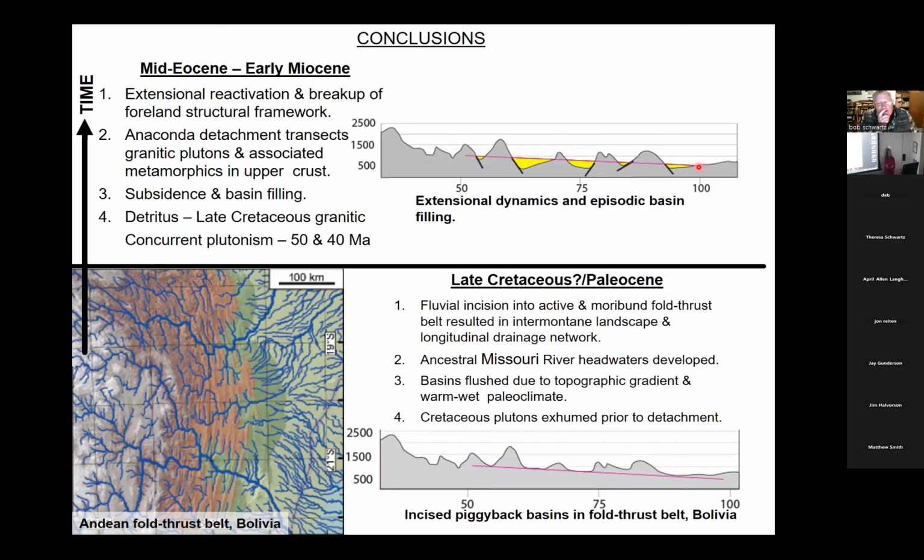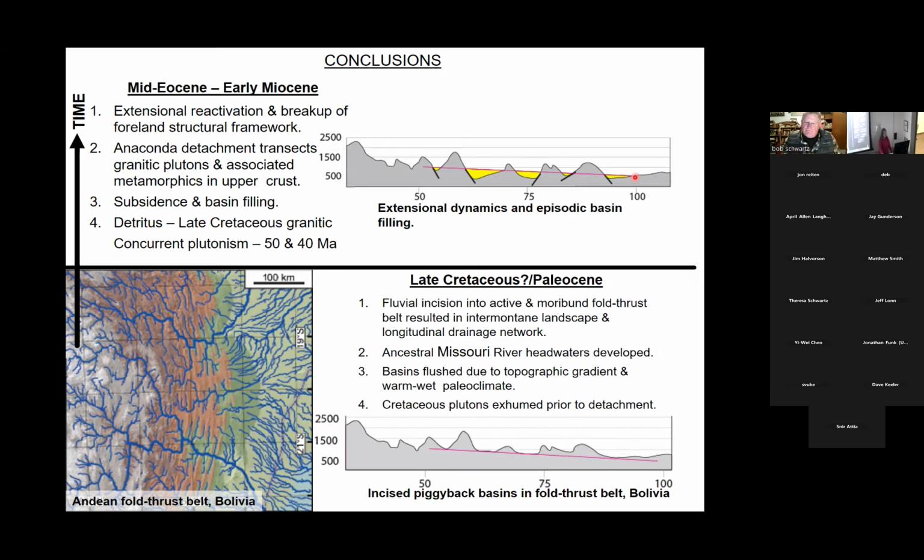But I'm fuzzy-headed enough. There's an implication of rates. And related to that, what I can remember best is that by the time Renova deposition started, there had to be 10 kilometers of exhumation by that point in time.